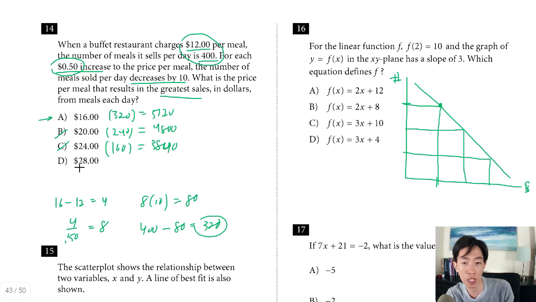So $12 to $28, that's going to be $16, which means that's 32 increases, multiplied by 10 is 320. 400 minus 320, we've actually only sold 80 meals times $28, and that total is going to be $2,240. We get the most in total sales when we sell the meals at $16. So A is going to be the answer.